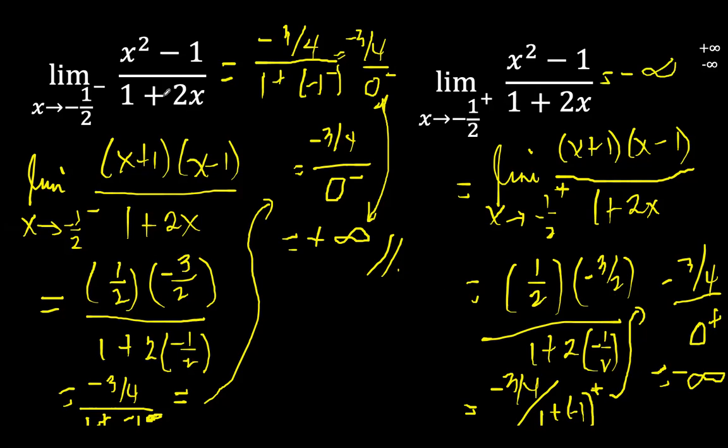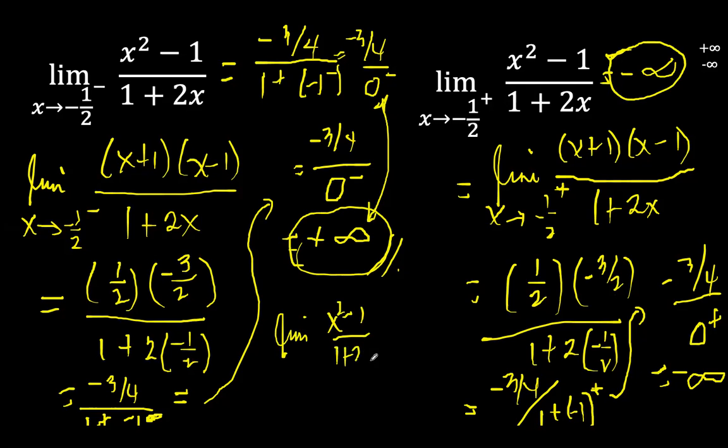Now look at this, guys. The functions that we're trying to get the limit of as x approaches negative 1/2 are equal, and also, the limits are of different values. Actually, they're not values anymore, they're undefined. So the limit of x squared minus 1 over 1 plus 2x as x approaches negative 1/2 is equal to DNE, or does not exist.